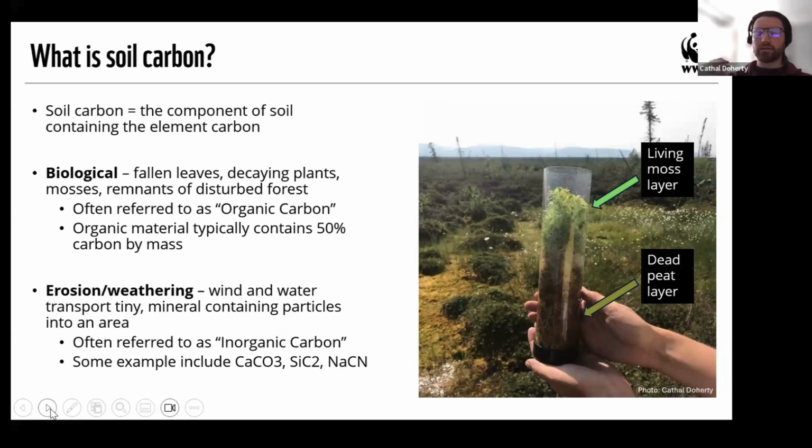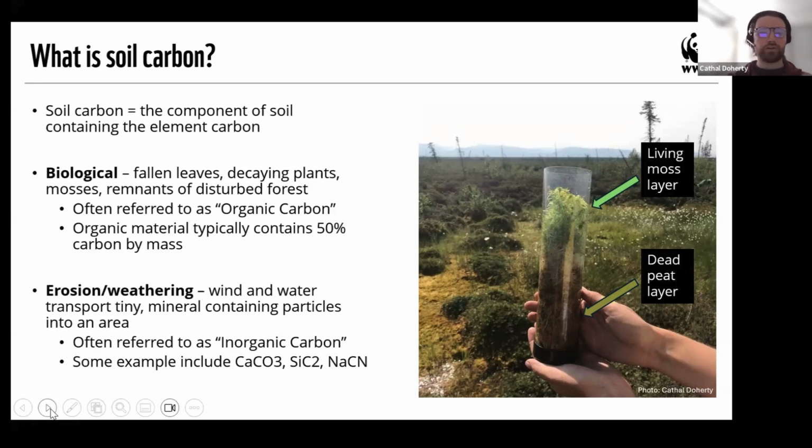And when soil carbon is derived from living material, we call it organic carbon. It typically has a very high percentage of carbon, usually around 50% by mass. Alternatively, another type of carbon you'll find in soils, typically from the erosion of rocks and different materials, is called inorganic carbon compounds.